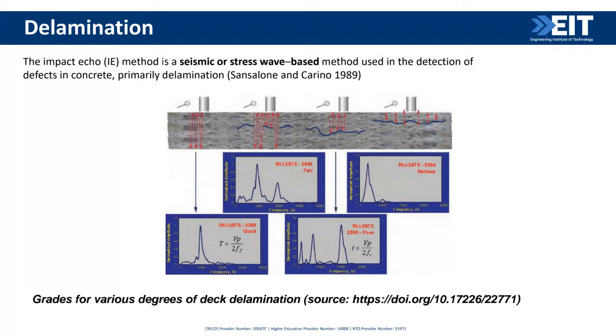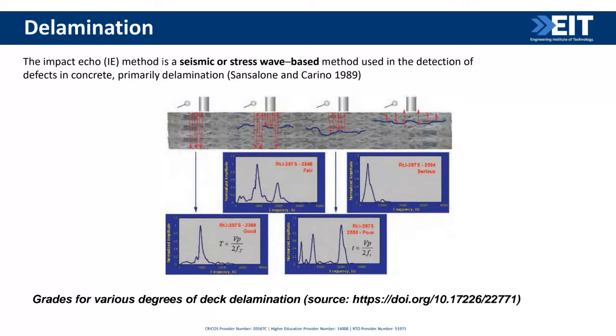And here I just want to share with you delaminations on this type of test, the impact echo. The main idea is to analyze when you have good condition, no delamination. When you have, for this one, a fair condition regarding the wave propagation, right?